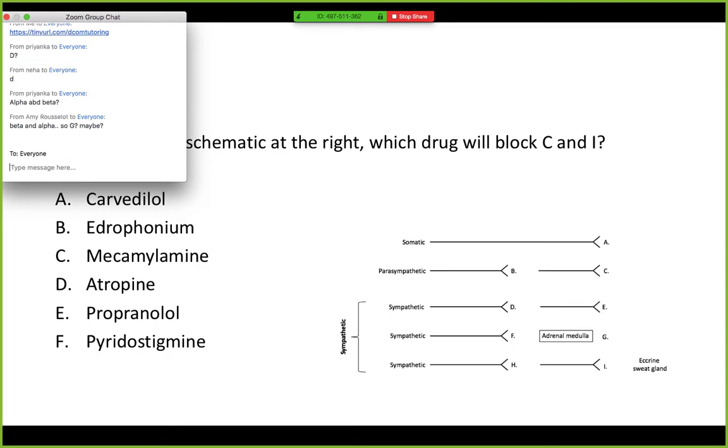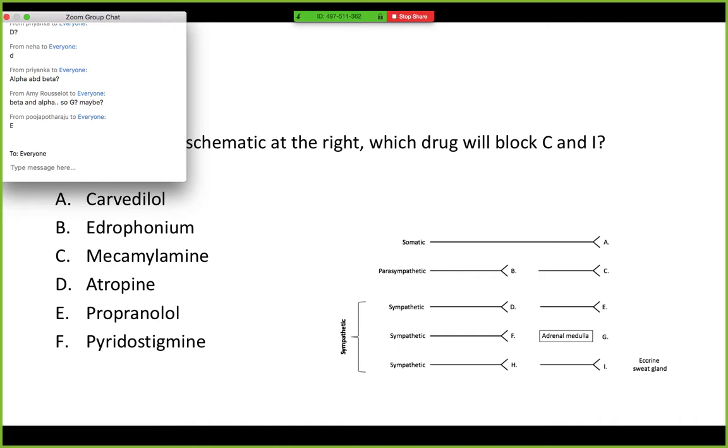Right, alpha and beta. So what? Right, so G and then one more. E, right. So carvedilol is going to be working at G and E because it's blocking both alpha and beta receptors.